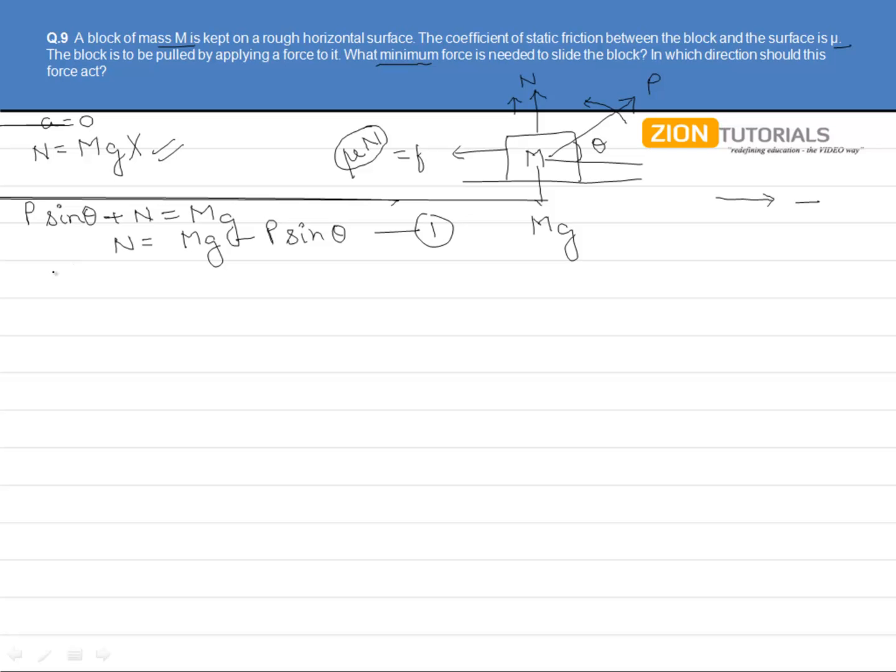Let us proceed to the horizontal direction, where we can say that the frictional force, that is mu N, equals P cos theta. Let it be equation number 2.